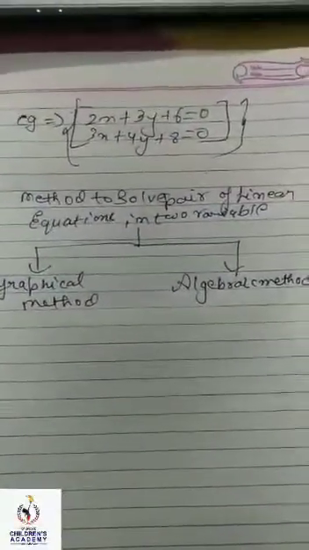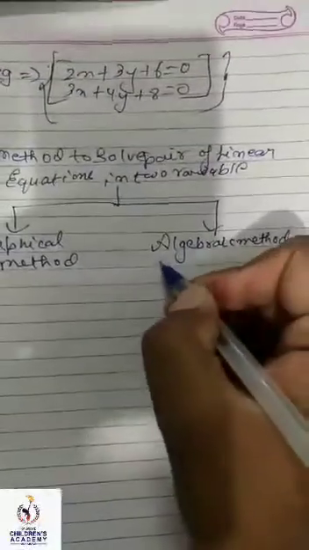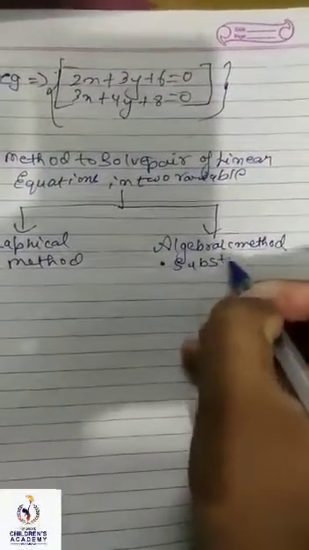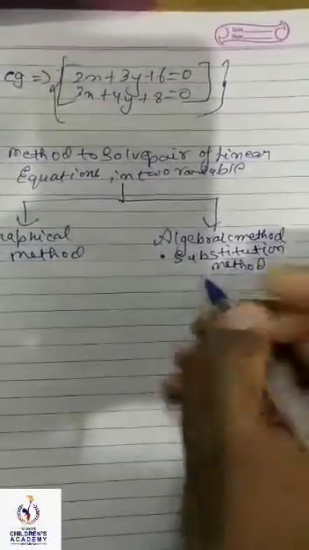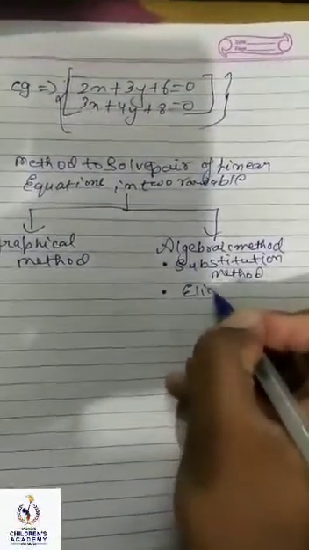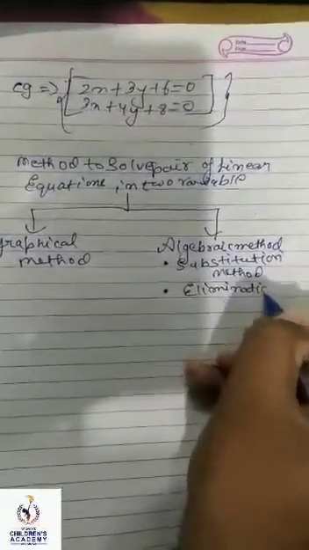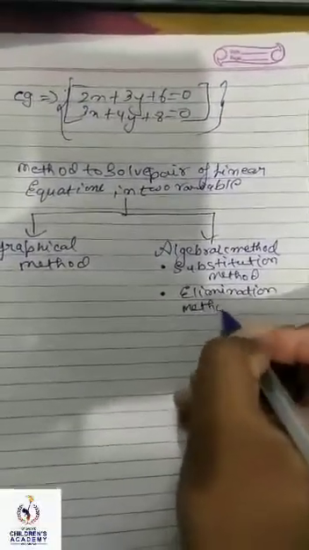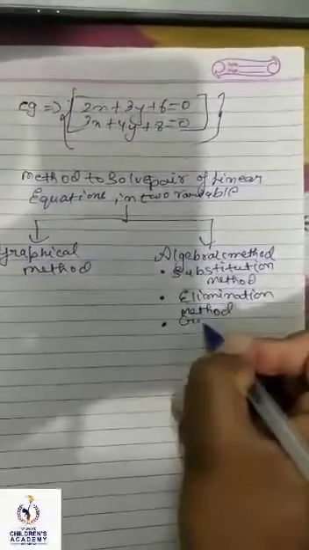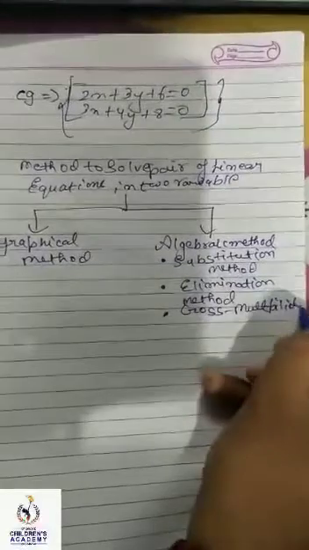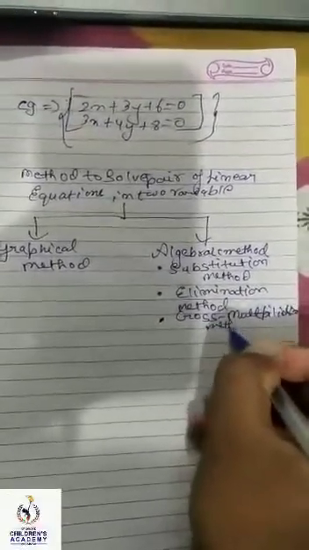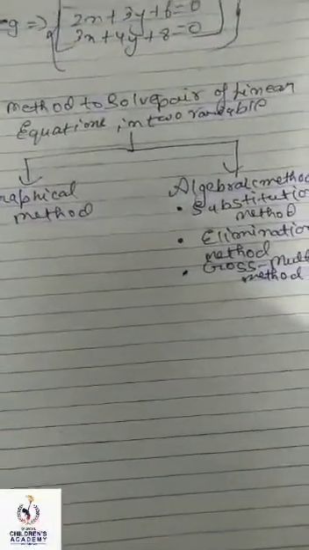In the algebraic method also we have three different methods, where the first one is the substitution method, the second one is the elimination method, and the third one is the cross multiplication method. Now today we will discuss the graphical method.